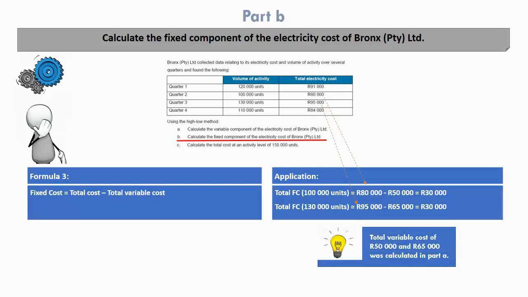You'll find a fixed cost of 30,000 rand irrespective of which level of activity you use in your calculation. Because remember, the fixed costs remain the same, irrespective of the level of activity, while the total variable cost will differ. The total variable cost increases as the level of activity increases.